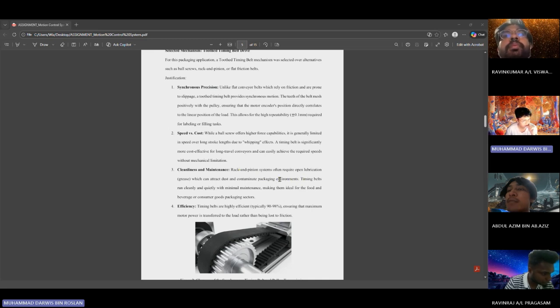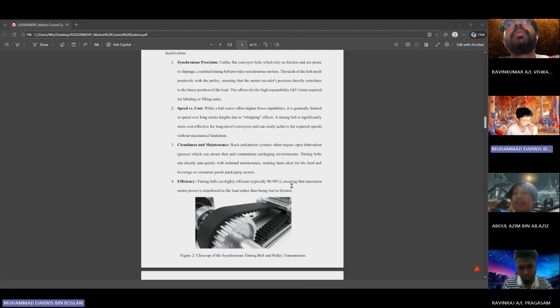This timing belt runs cleanly and quietly with minimal maintenance, making it ideal for food and beverage or consumer goods packaging sectors. The next one is efficiency. Timing belts are highly efficient, typically around 90 to 98%, ensuring that maximum motor power is transferred to the load rather than being lost to friction.